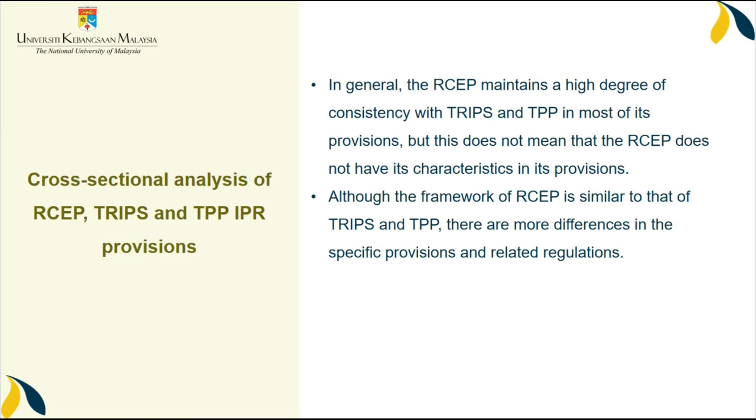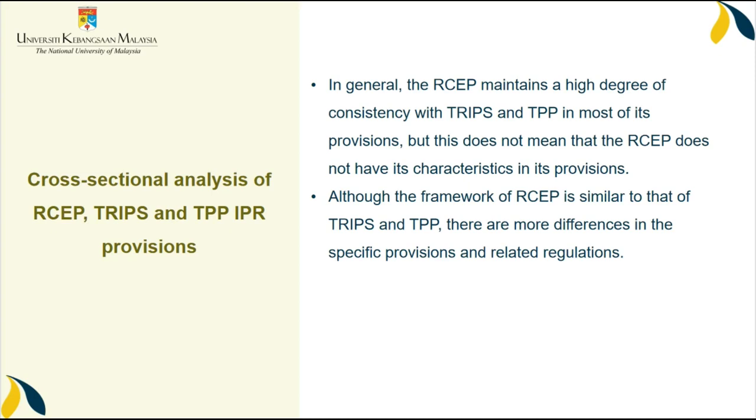For example, it addresses the issue of bad faith trademarks, the protection of satellite signals, the grace period for patents, and the protection of genetic resources, traditional knowledge, and folklore to regulate.